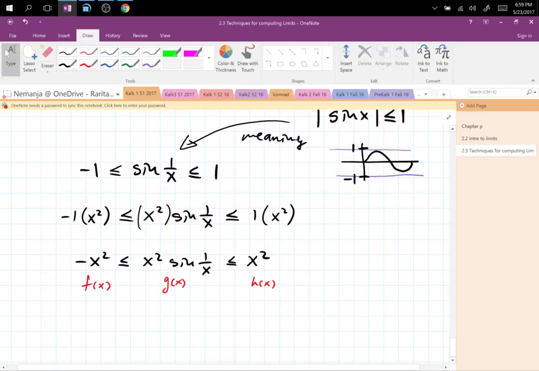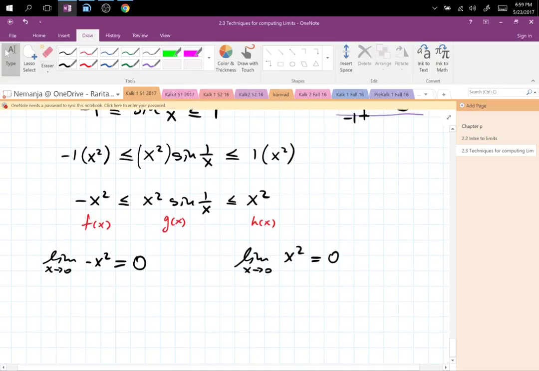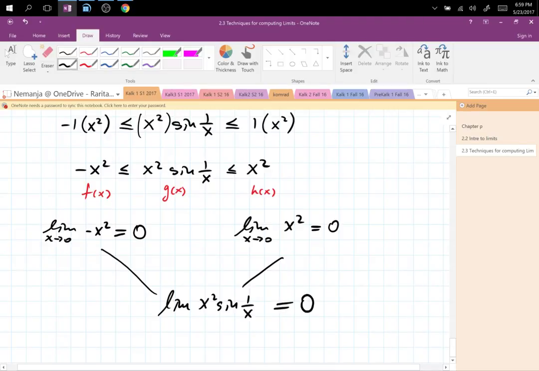So now, using the squeeze theorem, I will find the limit as x goes to 0 of -x squared, and that's what? Very good. On the other side, the limit as x goes to 0 of x squared is what? 0, and now by the squeeze theorem, the middle function must be 0 because it inherits the same value.